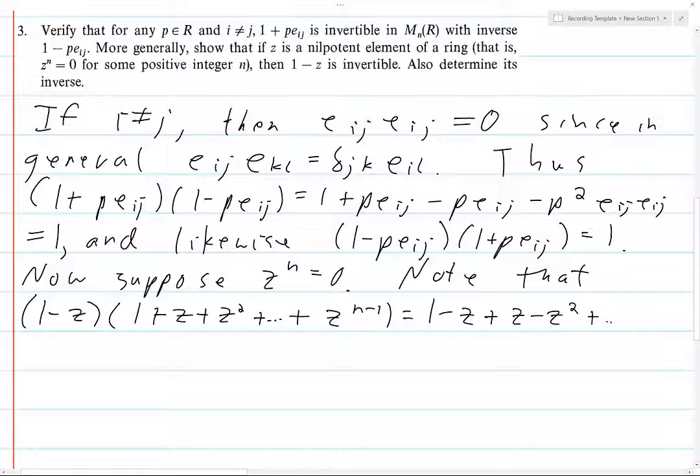And then you'll get z squared minus z cubed, all the way up to z to the n minus 1 minus z to the n. And so these two will cancel, that will cancel, everything. This is like a telescoping series from calculus. So you're going to end up with 1 minus z to the n, which is 1.